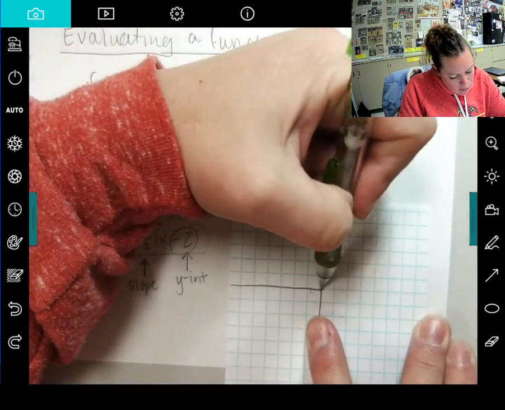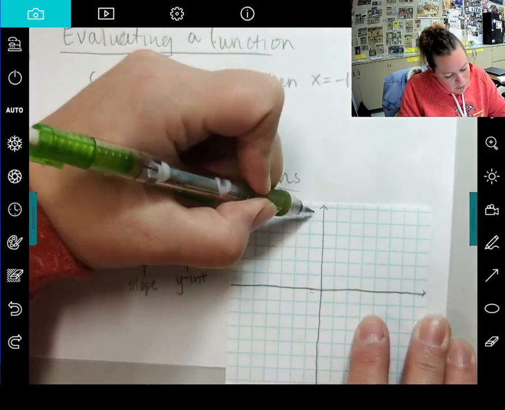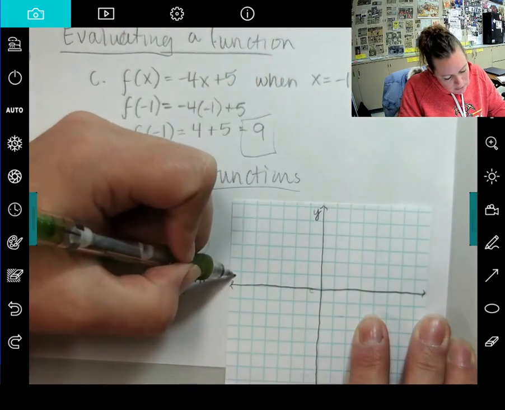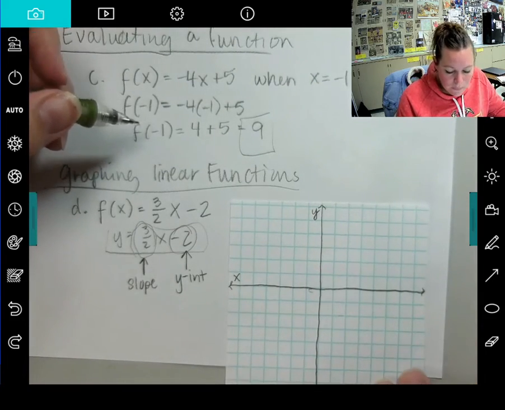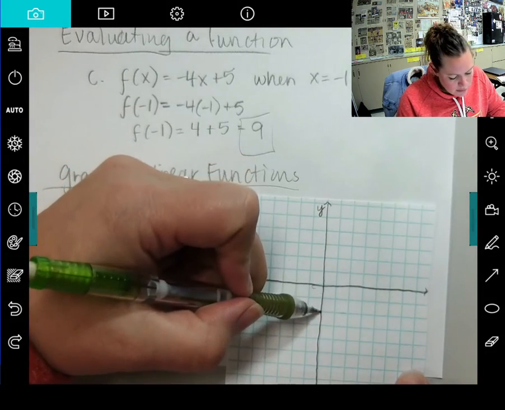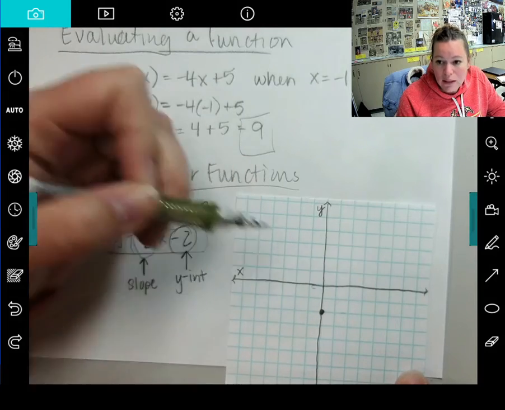When you are drawing your graph, don't forget to label your axes, y and x. So y is our vertical, x is our horizontal. We go down to our y-intercept of negative 2.